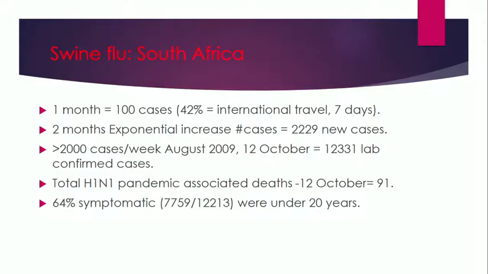What we did find is that 64% of those symptomatic were under 20 years of age. Now, as we've explained, generally those who are infected are either the really young or really old. And in this case, it happened right in the middle, which is not very often the case.